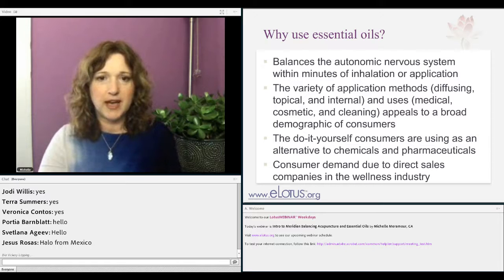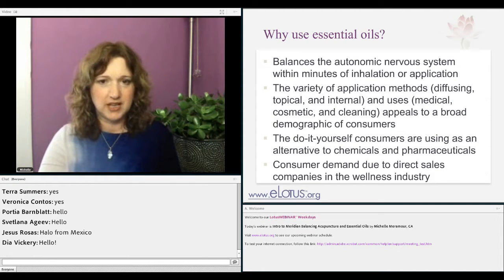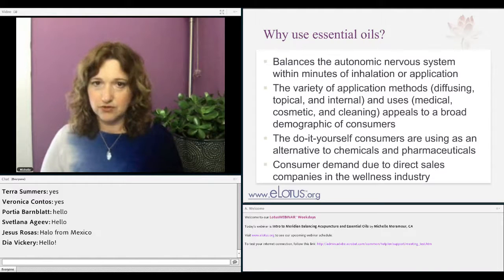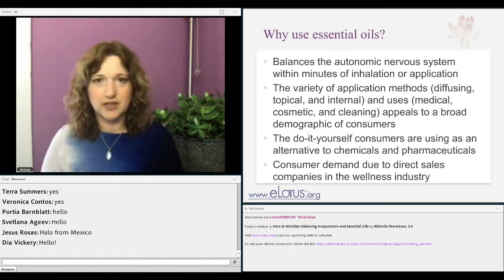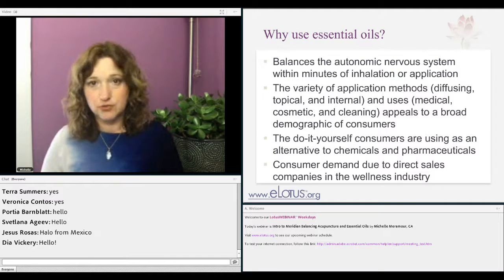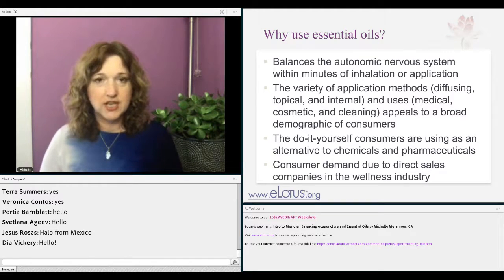So that's one of the ways we're going to talk about today. We're also going to talk about a variety of different application methods: diffusing versus topical versus internal use. Internal use, you have to be really careful that you're using a brand that's approved by the FDA for internal use. A lot of the supplement companies today are adding essential oils to their nutritional products.